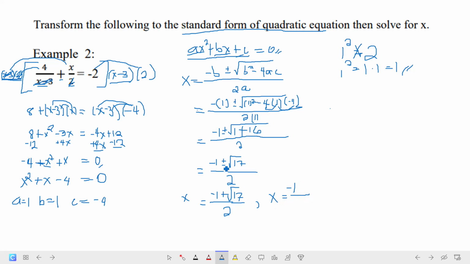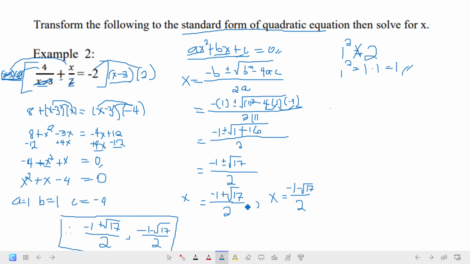Oh, we are done with positive, so minus naman. Minus square root of 17 over 2. And this is now the solution. Negative 1 plus square root of 17 over 2 and negative 1 minus square root of 17 over 2. Alright. So kung mapapansin niyo ito, 17 is not a perfect square.